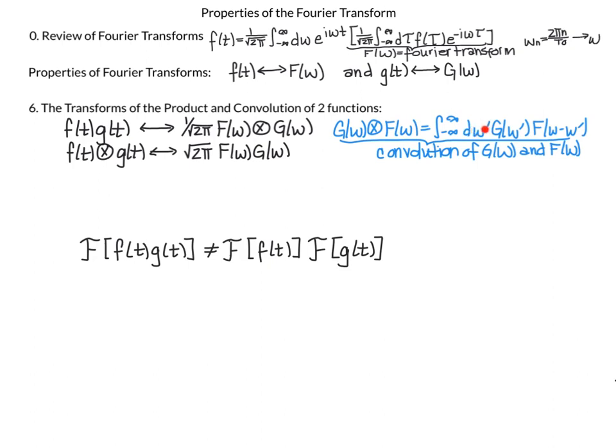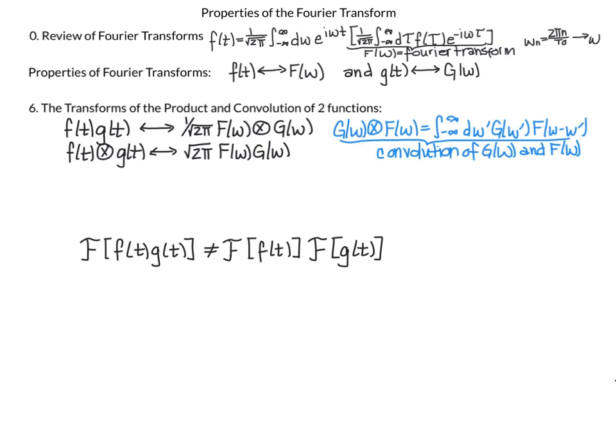This prime doesn't mean derivative, by the way. It's like the other w, not this w, but the other w. So w prime is our variable of integration, times g of w prime times f of w minus w prime. So we'll look at this closer.